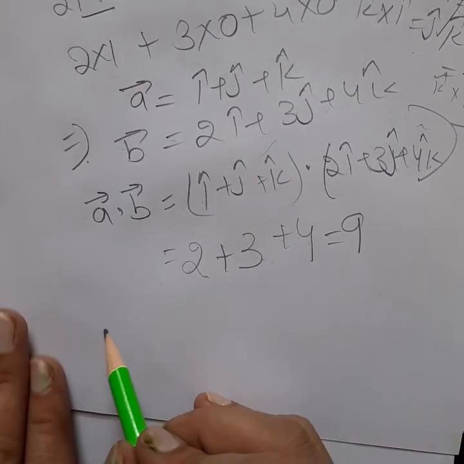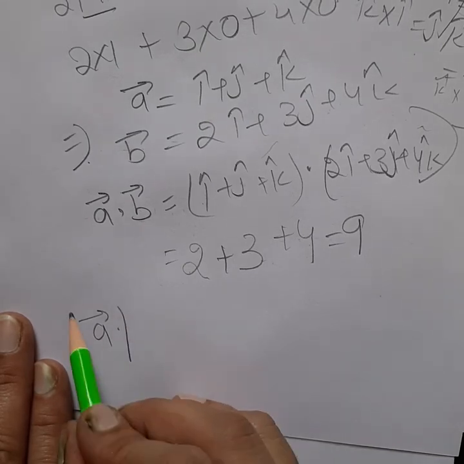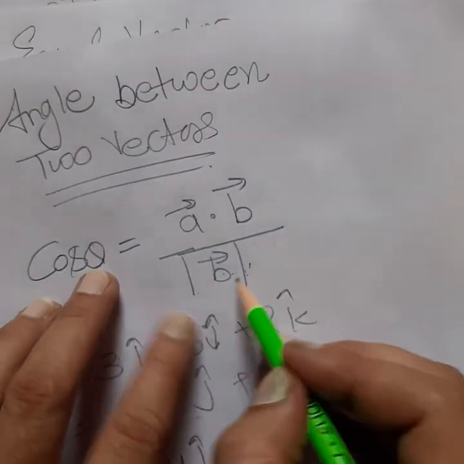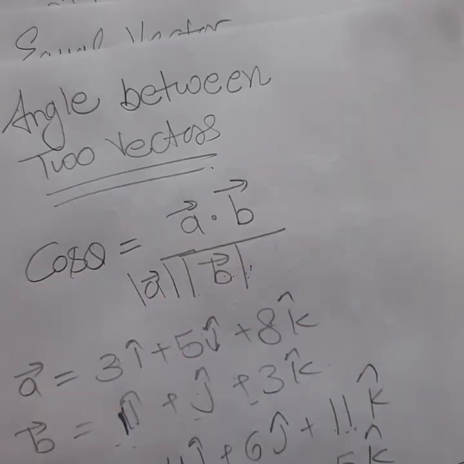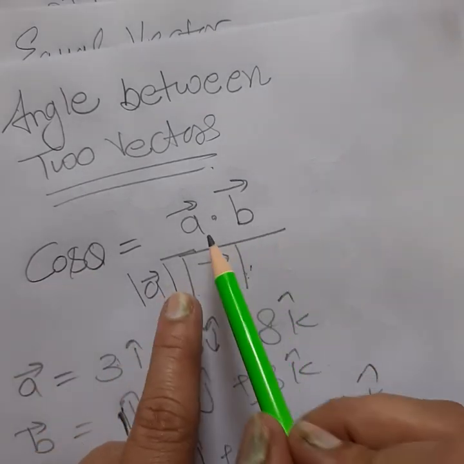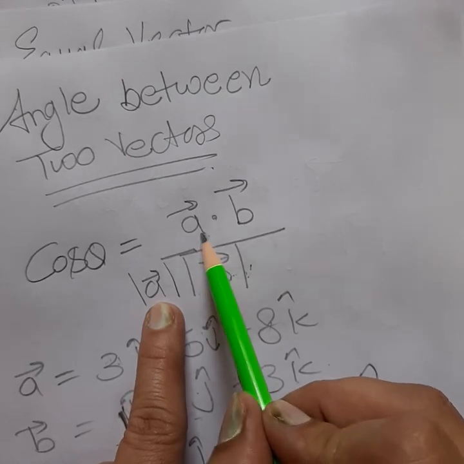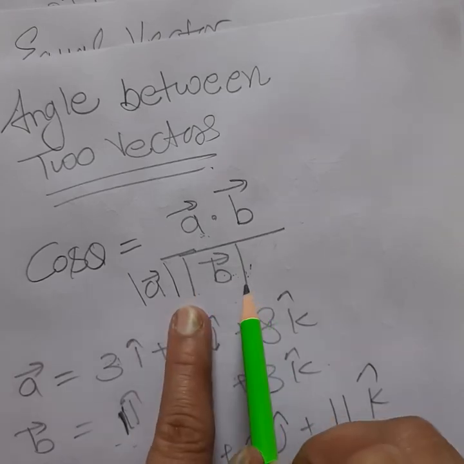After that we take the magnitude of these two vectors, the mod of a vector and b vector, because for finding the angle we write a vector dot b vector upon a vector mod and b vector mod.